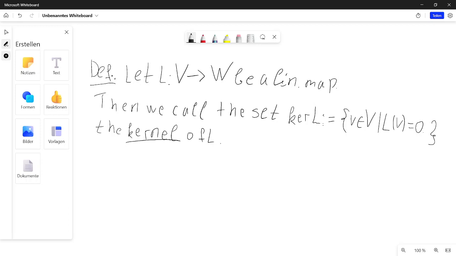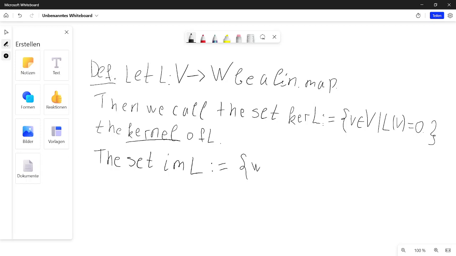Right. Well, this set, the image of L, which is just defined as the image, usual, right?